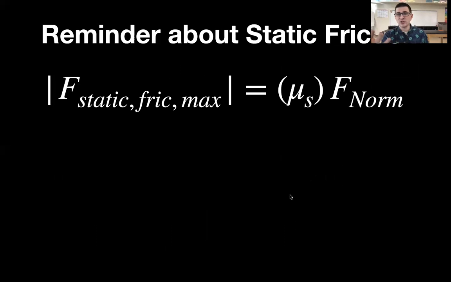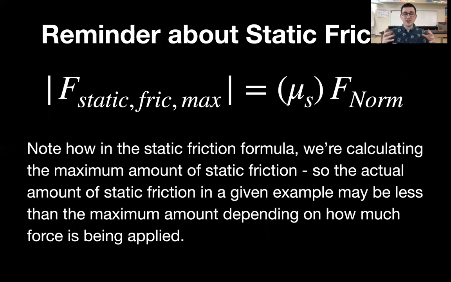And a little reminder about the equation for static friction: when we're calculating static friction, this formula gives us the maximum amount of static friction. So the actual amount of static friction in a given example may be less than the maximum amount, but it can never be more than this maximum amount.